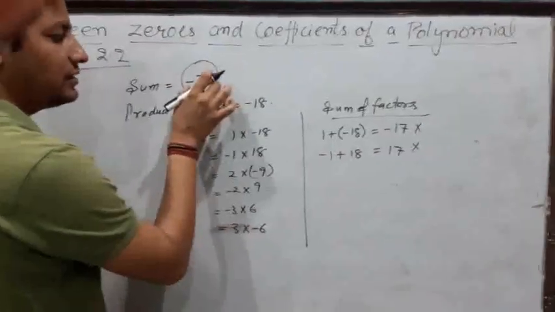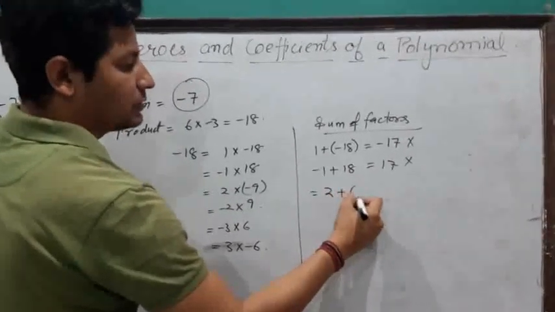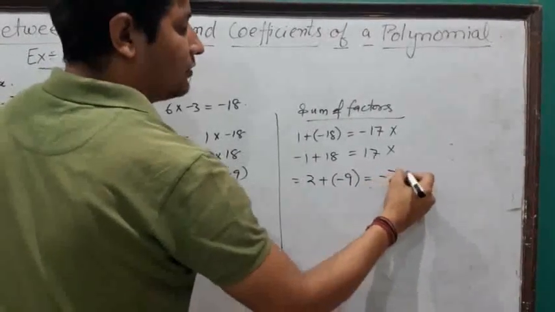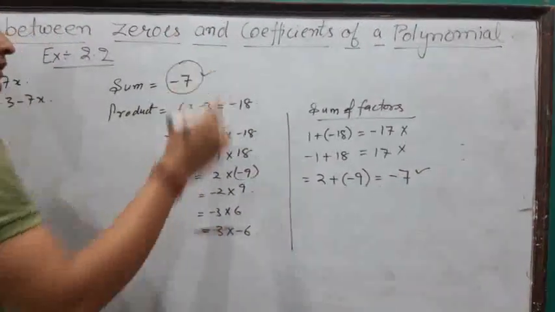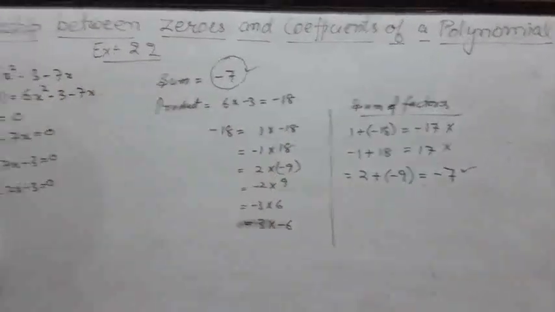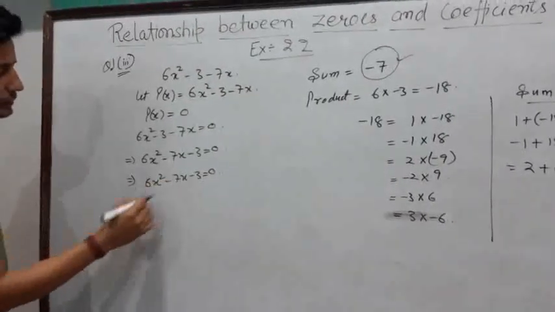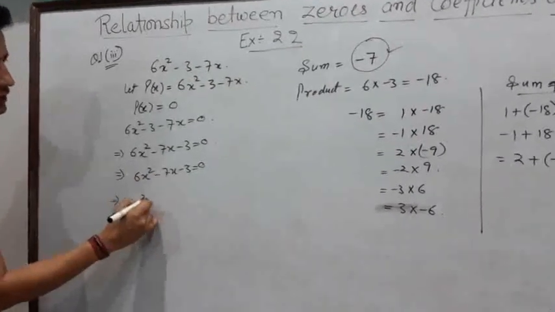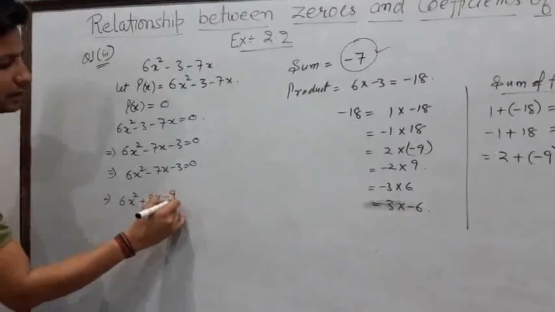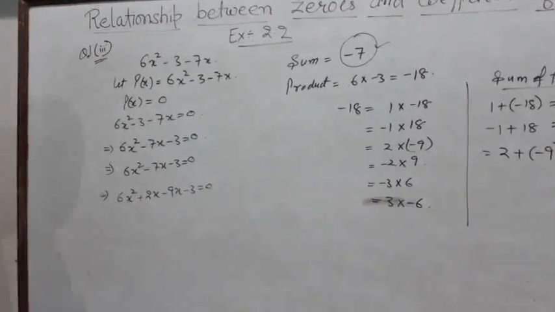We require minus 7. 2 plus minus 9 is equal to minus 7. So it is our requirement. So we can factorize, or we can write here 6x² plus 2x minus 9x minus 3 is equal to 0.